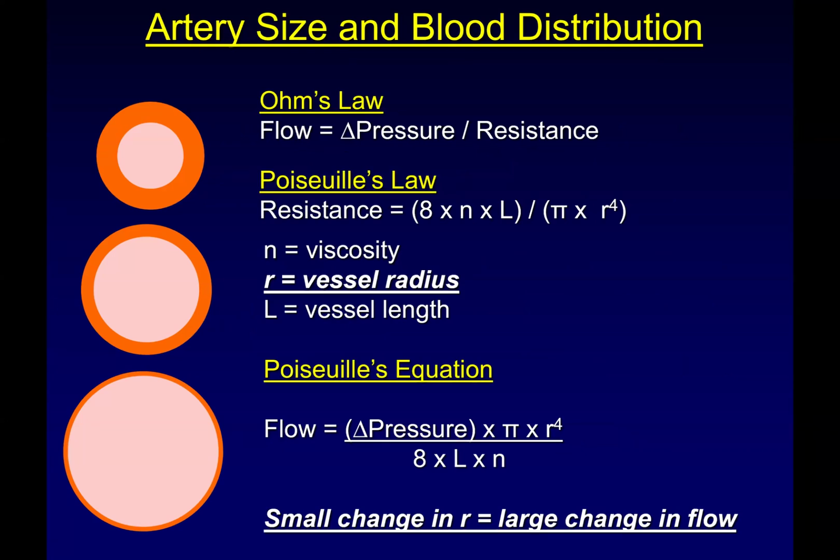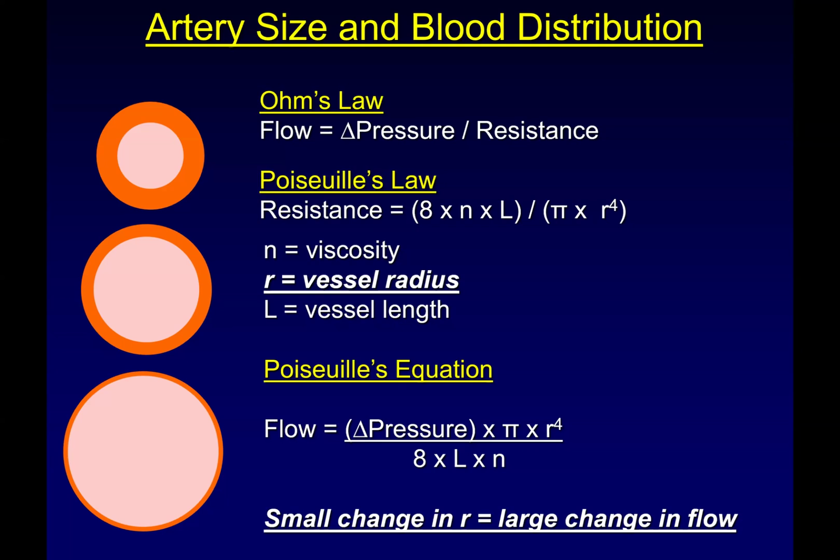Here's how this relates to artery size, why changing the arterial diameters matters so much. So there's a couple of laws that are going to be applied here. They govern the movement of fluids. First is called Ohm's law. Flow of a fluid is equal to the difference in pressure divided by the resistance to flow through a particular tube.